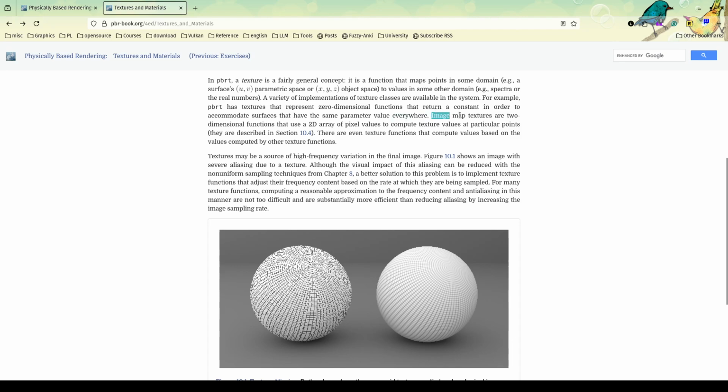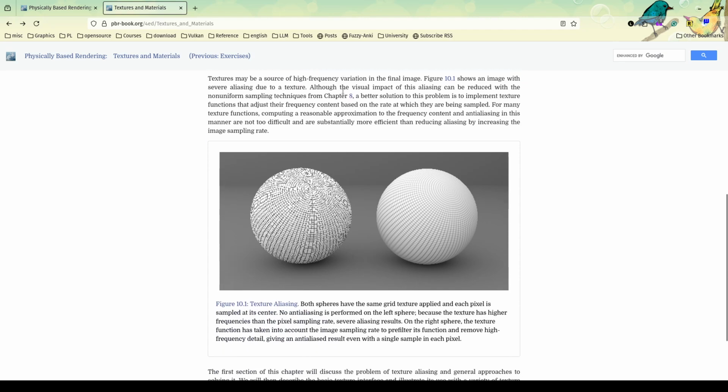And also, most commonly used are image map textures, which are two-dimensional functions that use a 2D array of pixel values to compute the texture values at particular points. They will not be talked about today, but in a later section, 10.4. There are even texture functions that compute values based on values computed by other texture functions.